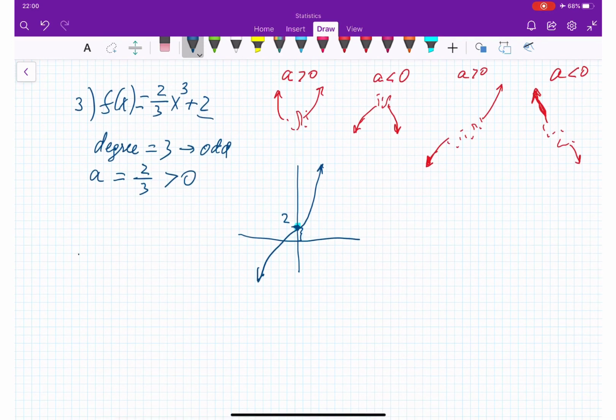Next, increase, decrease. So let's see where it is increasing. It's increasing from here to here, and it's continuing increasing from here to here, which means increase on interval negative infinity, positive infinity.